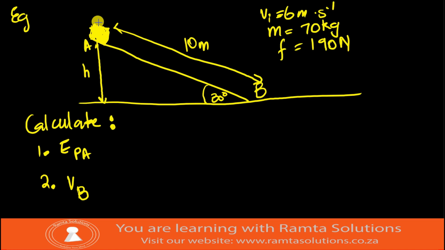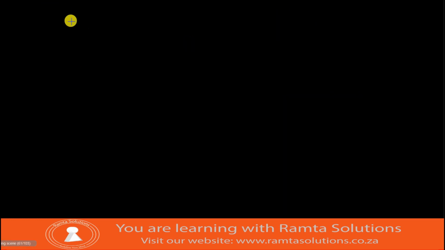Okay, you guys are done? So for the first part, it says calculate the potential energy at point A. What you need to see is that you don't have your height. I'm going to draw a right angle triangle. Your height is not given. You are given the side here, which they say is 10 meters, and the angle here is 30 degrees.